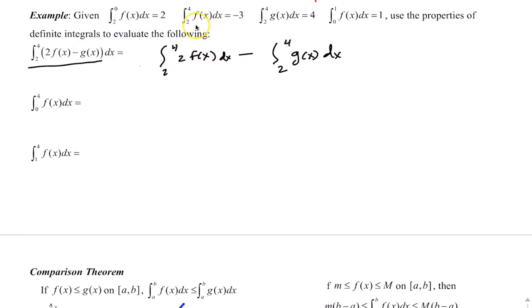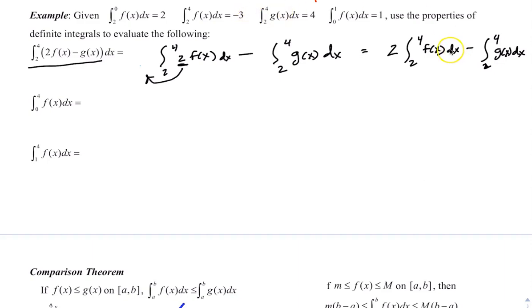It doesn't work like that. This is the integral from 2 to 4 of f of x, not 2 to 4 of 2f of x. So before I can do anything, I've got to pull out that 2. So I'm going to get 2 times the integral from 2 to 4 of f of x dx minus the integral from 2 to 4 of g of x dx.